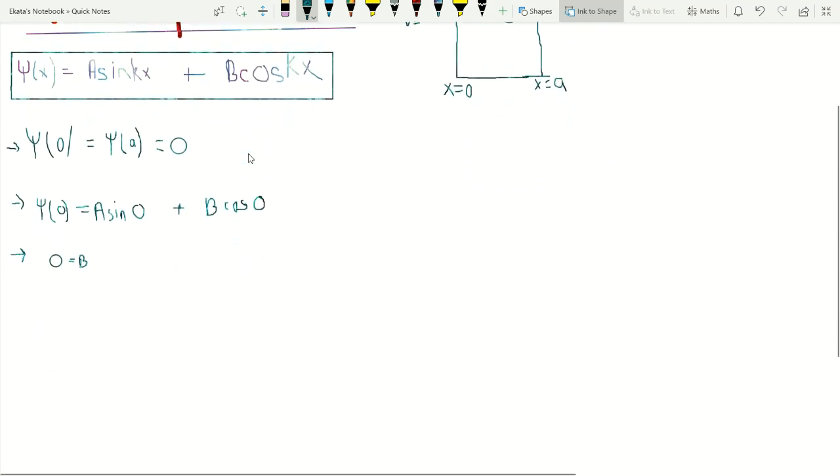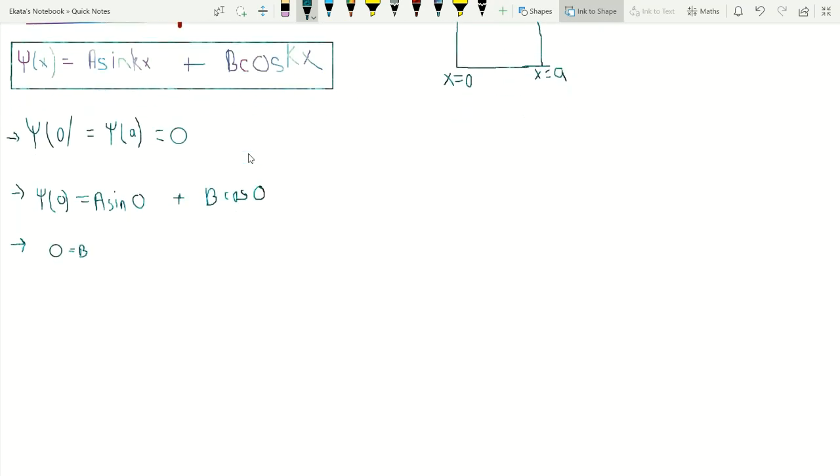The new equation of the wave function for the infinite square well, which I'm going to write here, is psi(x) equals a sine kx. So this is now the form of the wave function in the infinite square well.